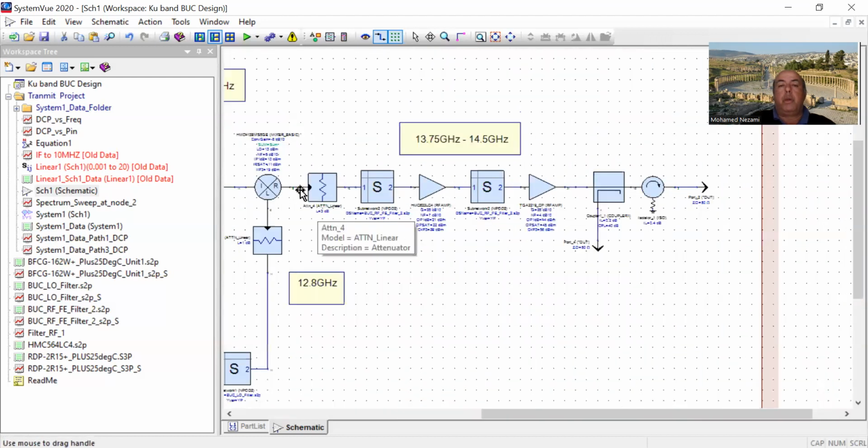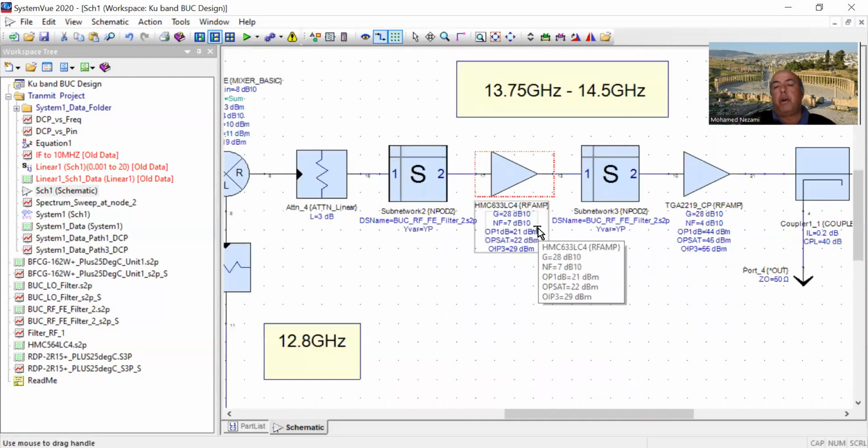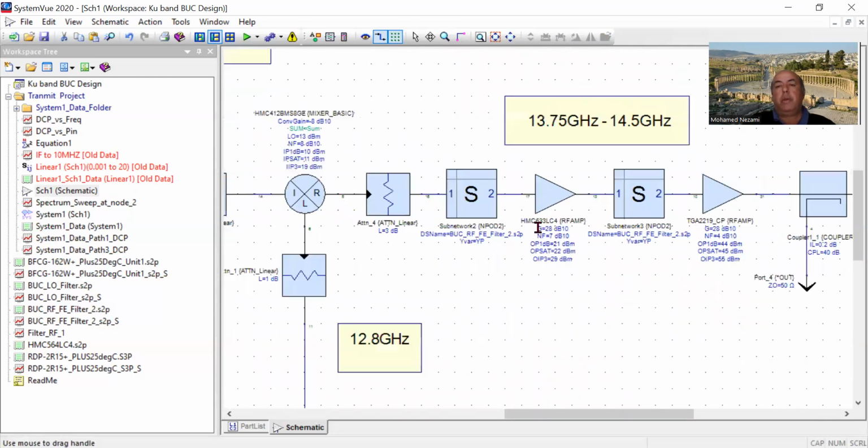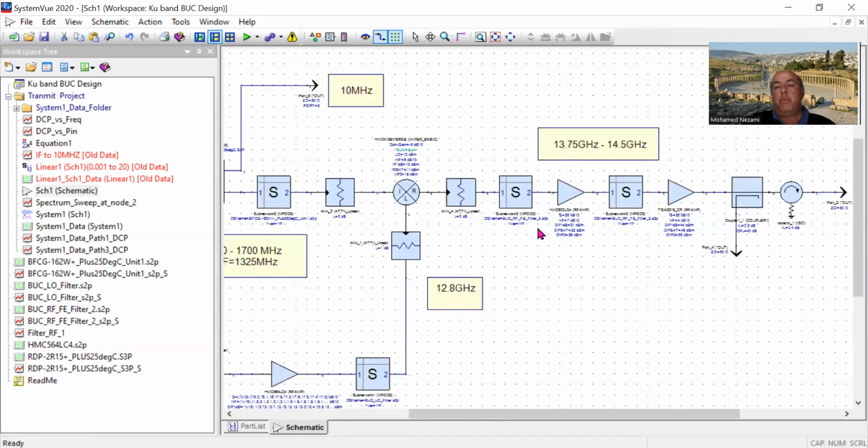And then now the double sideband signal is here. Now we go through a few stages of amplification and filtering. So first we filter that signal to get rid of the lower sideband and the LO that leaks out of the mixer. And then we amplify first with a driver from Analog Devices, this one's a gallium arsenide chip.